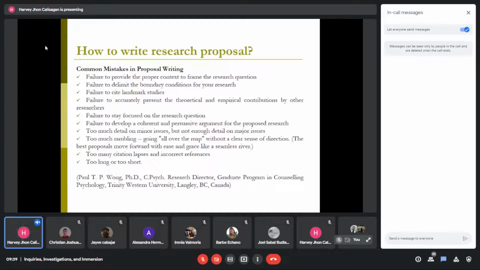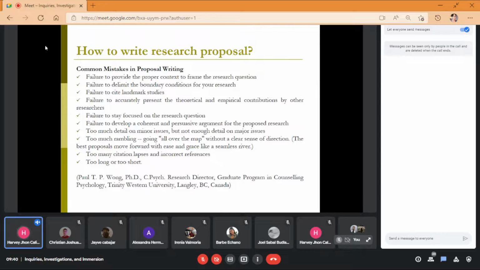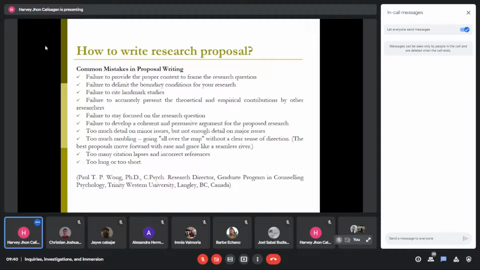The best proposals move forward with ease and grace like the simplest river. What do I mean by too much rambling without a clear sense of direction? Like what you're doing, I'm sorry if it's true: doing research only for your grade, or just because you want to, or because you are forced to. If a researcher is forced to create this research without allowing himself or herself to at least build curiosity out of a simple thing, and you cannot visualize your possible outcomes in research, if you cannot see the result already virtually, then think thoroughly. Do you still need to push it or not? Right?